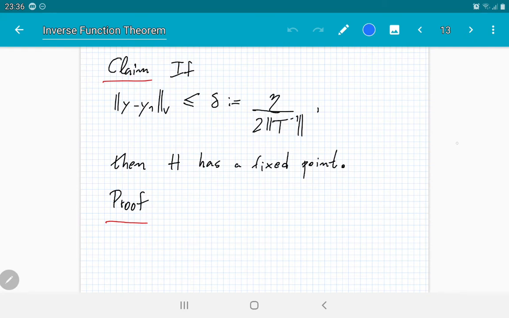So, okay, here's the claim. Remember I chose eta such that the ball of radius x1, that is f of eta, is contained in U0. And remember that y1 belongs to U1.